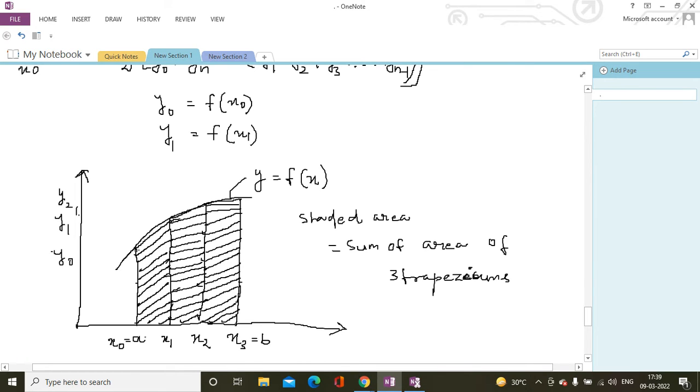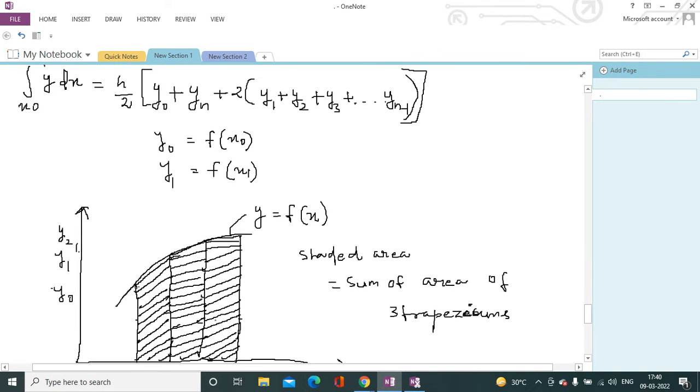We are taking small intervals and it is assumed as trapeziums. So as per the formula, we are taking the areas of all the n trapeziums, and we will get h by 2 whole into first term plus last term plus 2 whole into the rest of the terms, that is the rest of the functional values corresponding to x.